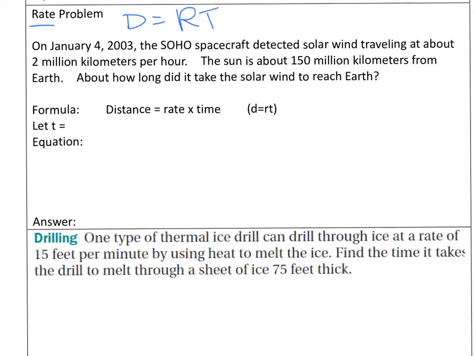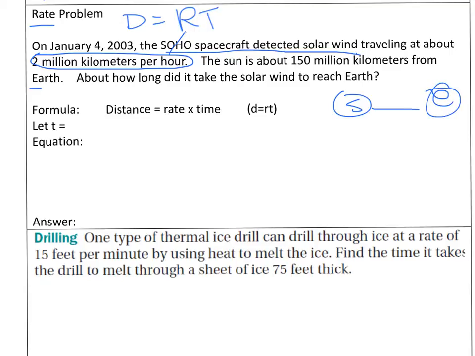So in this first sentence, it already tells you what the paragraph is about. And it also gives you a piece of information that you will need to solve the word problem, which is the rate. The sun is about 150 million kilometers from Earth. So sun, Earth. So it gives you the distance here.